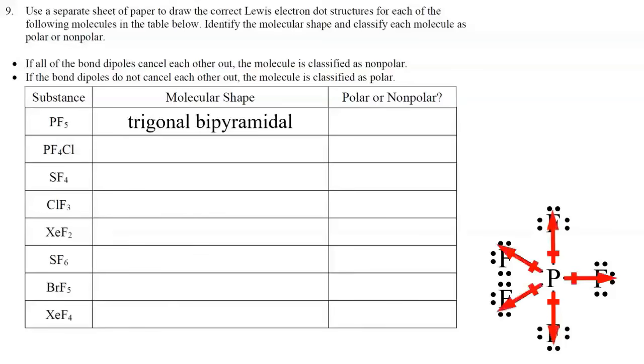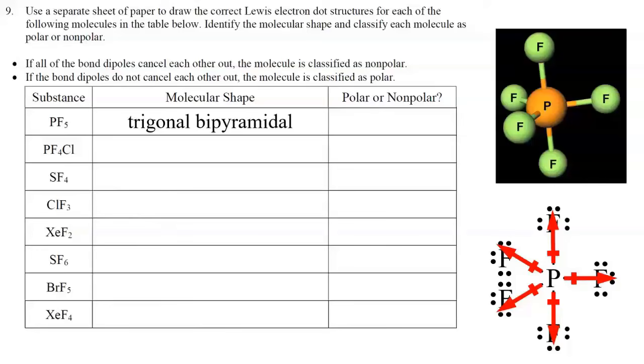So now the question is, do these 5 bond dipoles in this molecule cancel each other out or not? If you look at the 3 bond dipoles in the middle section of this molecule, they are all arranged in a trigonal planar fashion with bond angles of 120 degrees. So that symmetry would cause those 3 bond dipoles to cancel each other out, like we saw earlier with the BF3, the boron trifluoride molecule.